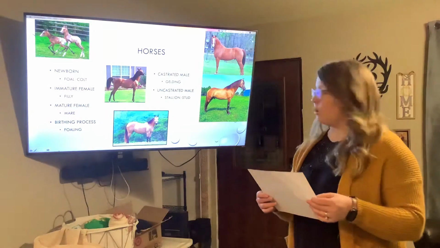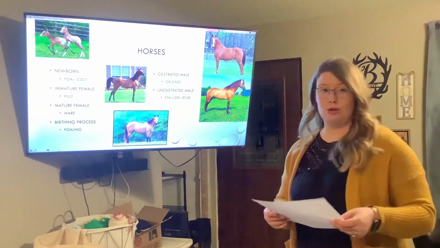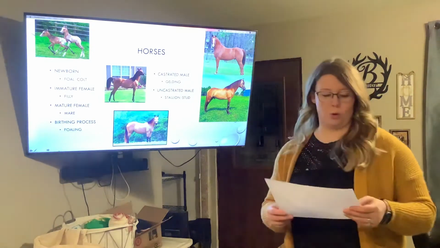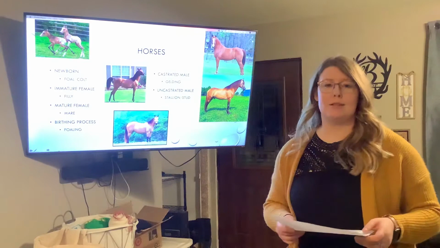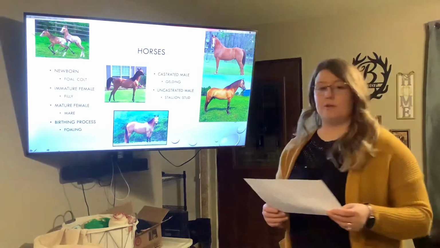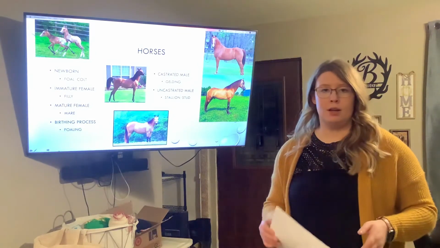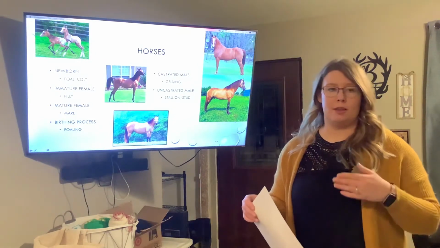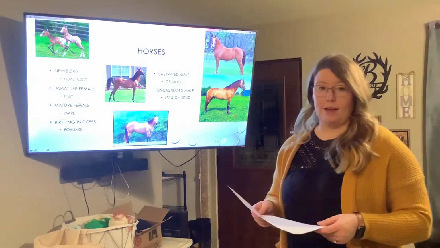Young female, so immature female, is a filly. A baby or a newborn is going to be your foal or colt. Meat, you just kind of cross that section off here for horses. Not something that's eaten around here. Birthing process is foaling. You guys are going to notice this filling out the chart. Usually the newborn name and the birthing process are very similar, if not the same word.